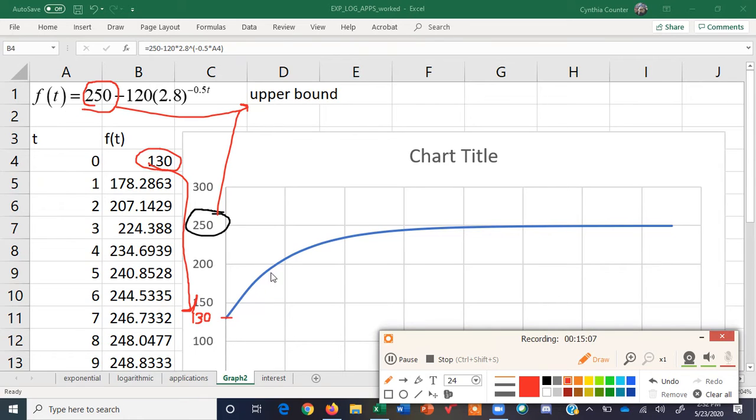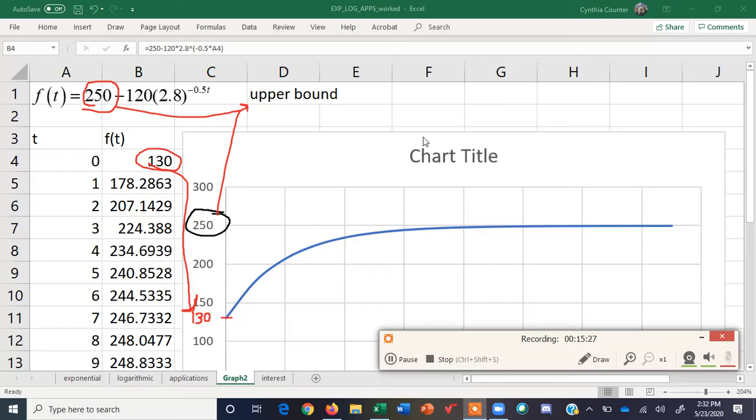We see it increases and then flattens. What we might not be able to see is a curvature change. It starts to increase in a concave up pattern like your typical exponential, and then it changes to a concave down pattern. And this kind of graph and function is called a logistic function.